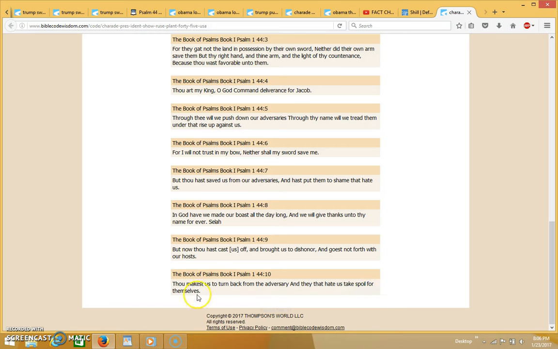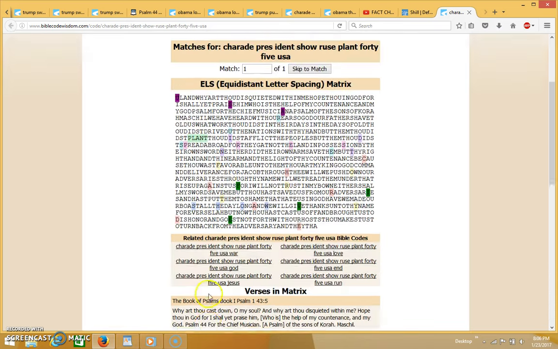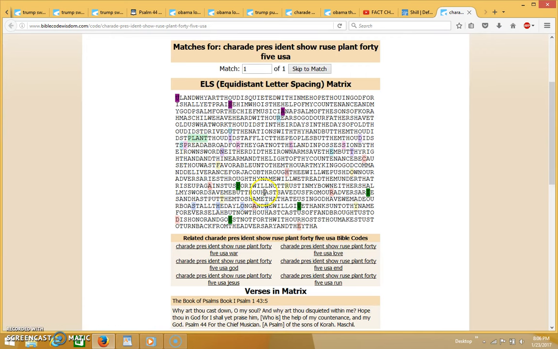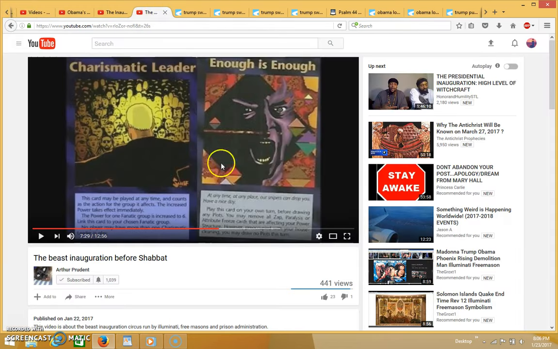And that's pretty much what Donald Trump was accusing the establishment of, taking spoil for themselves and just looking after themselves. So I'm not really sure if this is all true or if this is all fake, if Donald Trump is truly against the establishment or not.